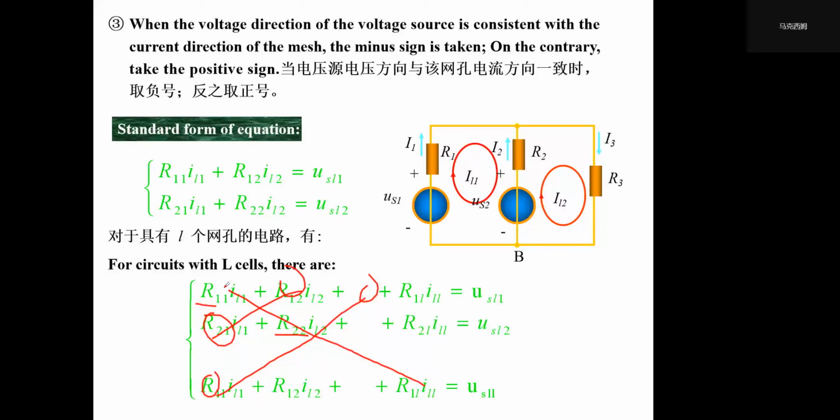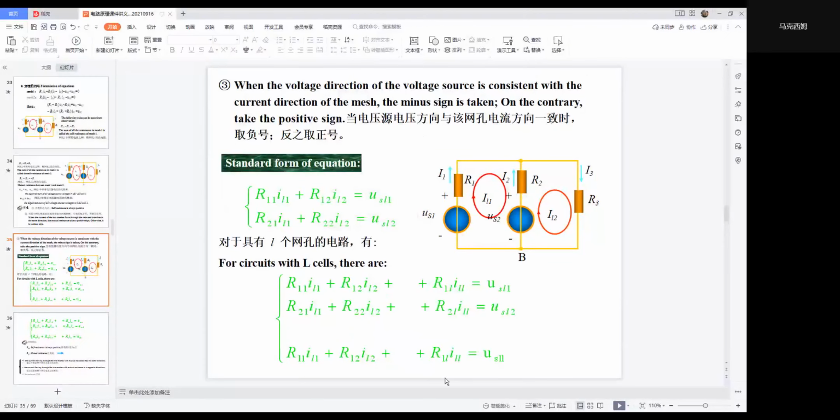So we see that the self-resistances are on the diagonal line: R11, R22, RLL. Then R1L, R21, R22, R2L, right?